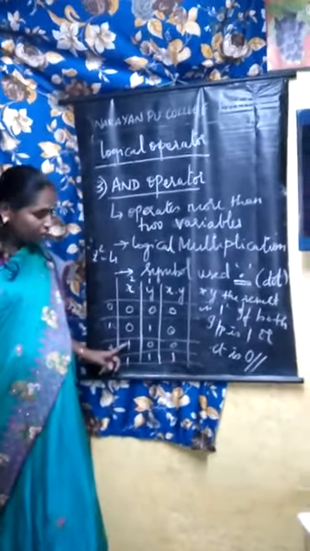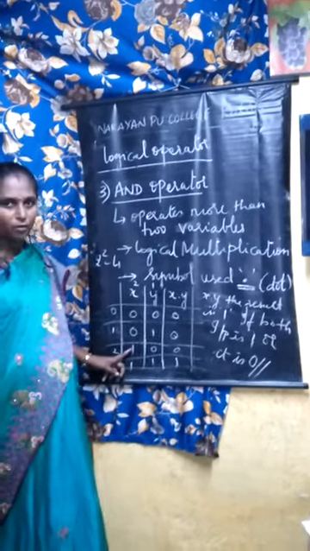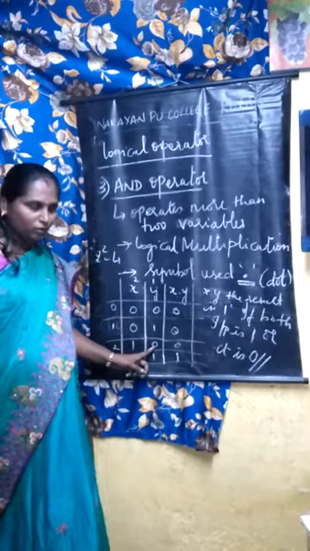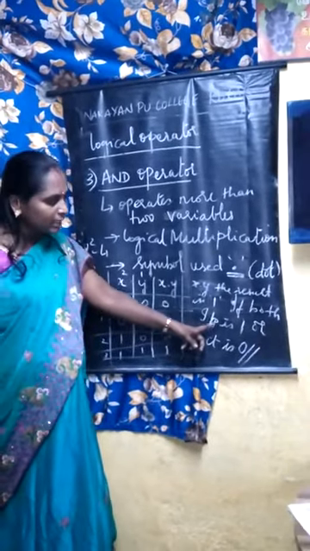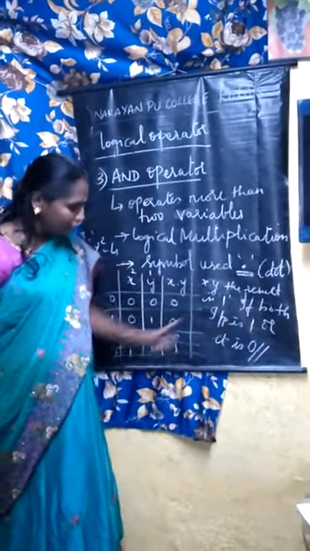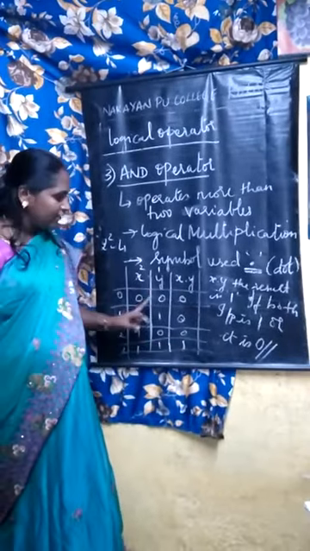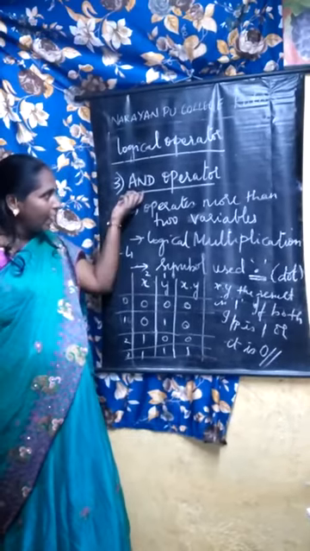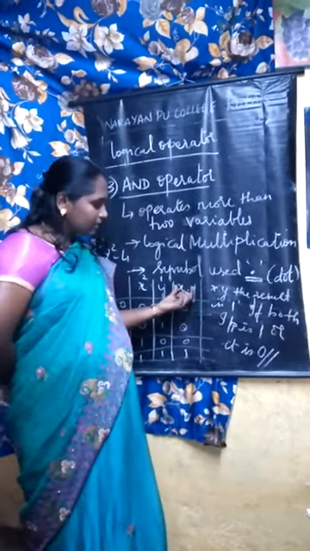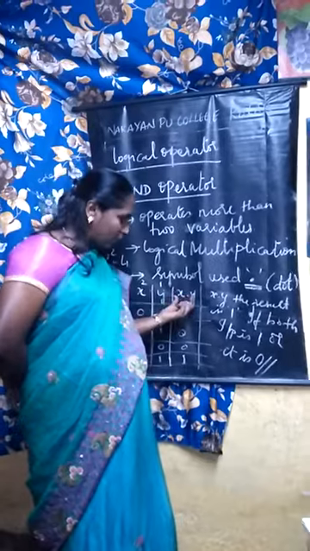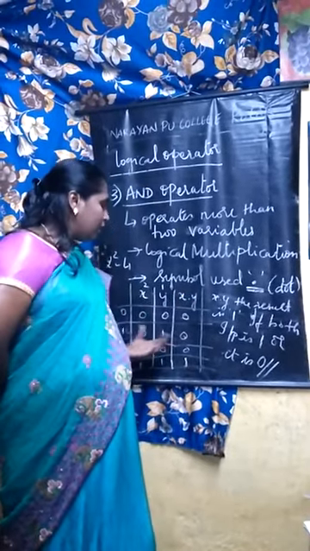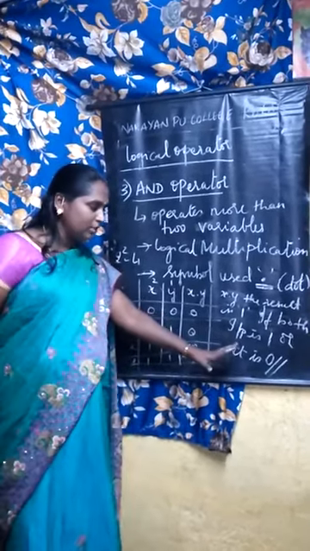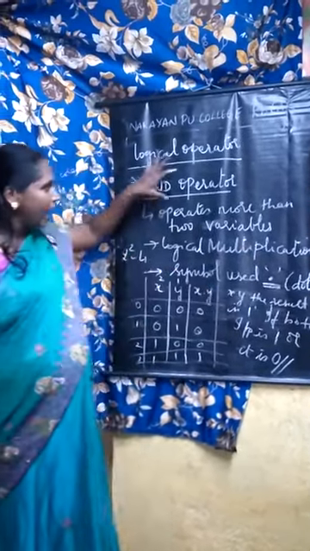If any one input is 0, the result will be 0. If one input is 1 and the other input is 0, the result will be 0. You get the result 1 only if both the inputs are 1. Otherwise the result will be 0. That is the condition in your AND operator. In AND operator, it is always 1 if both the inputs are 1. If both the inputs are 0, the result is 0. If any one input is 0, the result will be 0. So this is the AND operator.